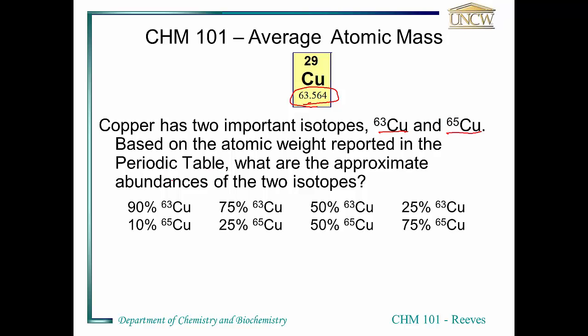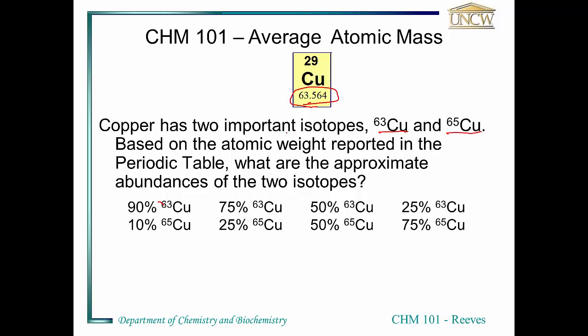Based on the atomic weight, the question would be, what are the percentages of copper 63 and copper 65 in the sample? We notice we have answers that range all the way from 90-10 to 25-75. Now, to do a problem like this, we need to take two pieces of information and combine them to solve the problem.